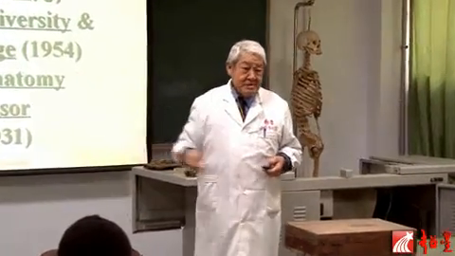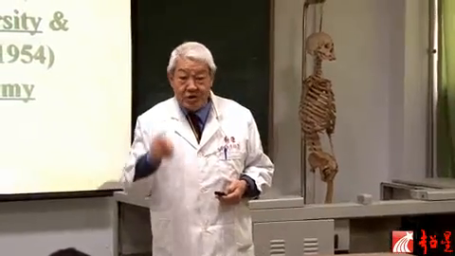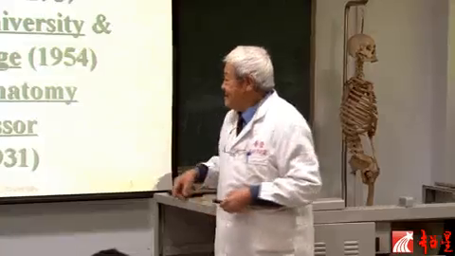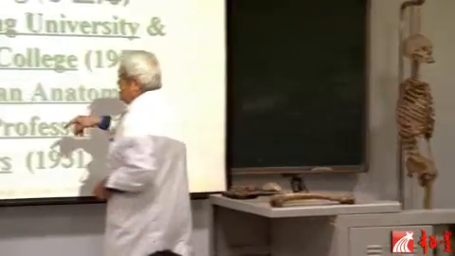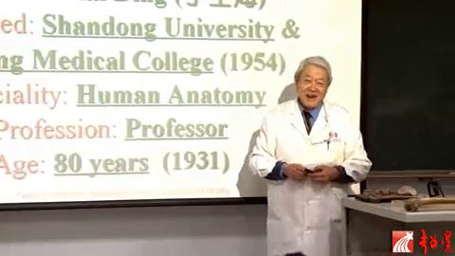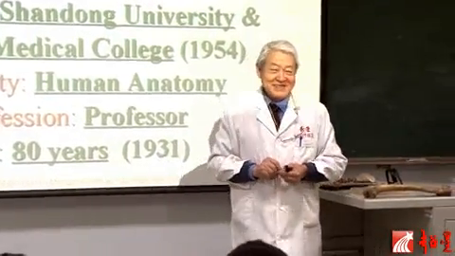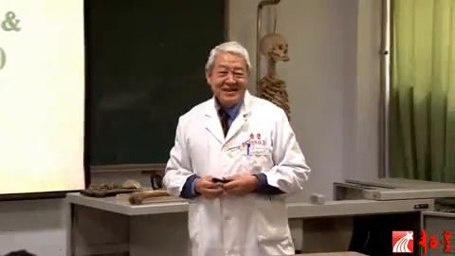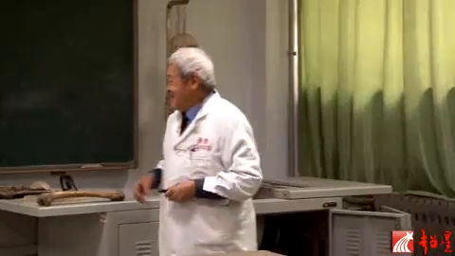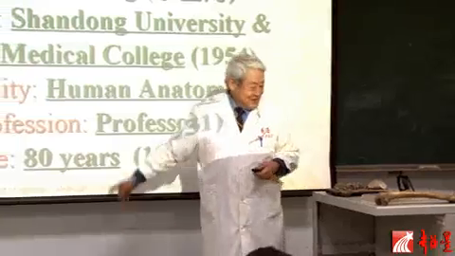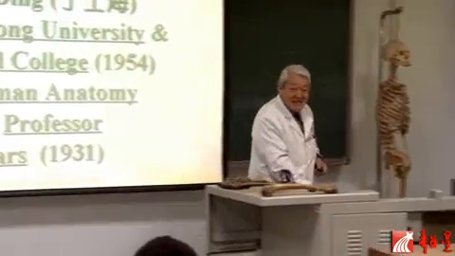At that time, Shandong University was located in Qingdao, not in Jinan, the capital of Shandong. My specialty is human anatomy, and until now I have taught for 57 years. Now, I'm old. I'm 80 years of age.